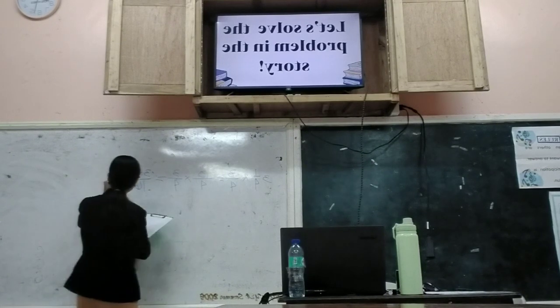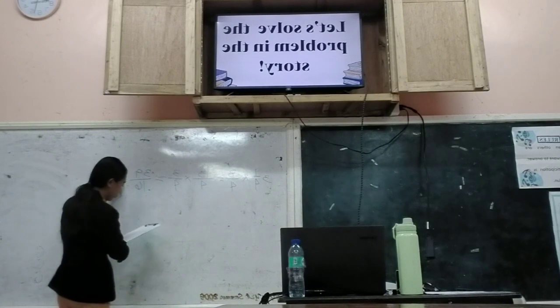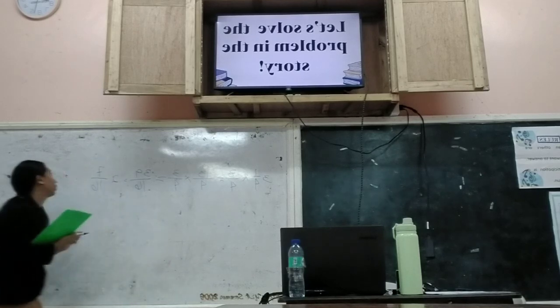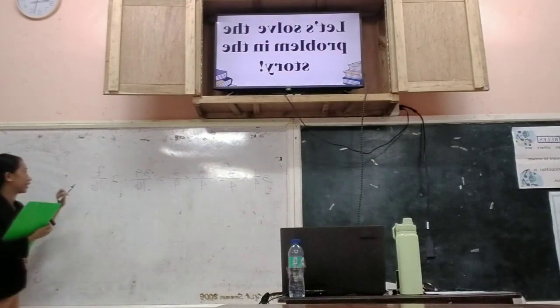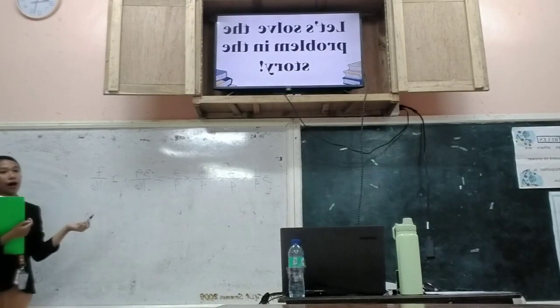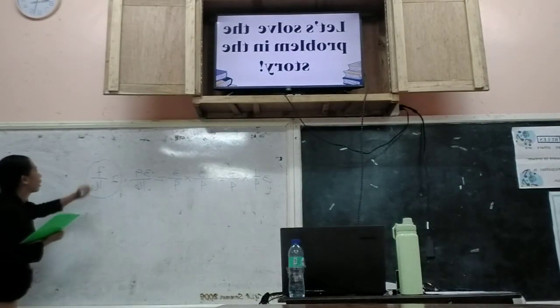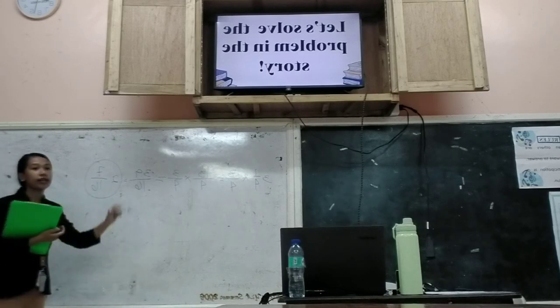So 39 divided by 16 is equals to 2 and 7/16. So 7 is an odd number and 16 is an even number. They do not have the same divisibility. Okay. So we have 2 whole and 7 over 16.